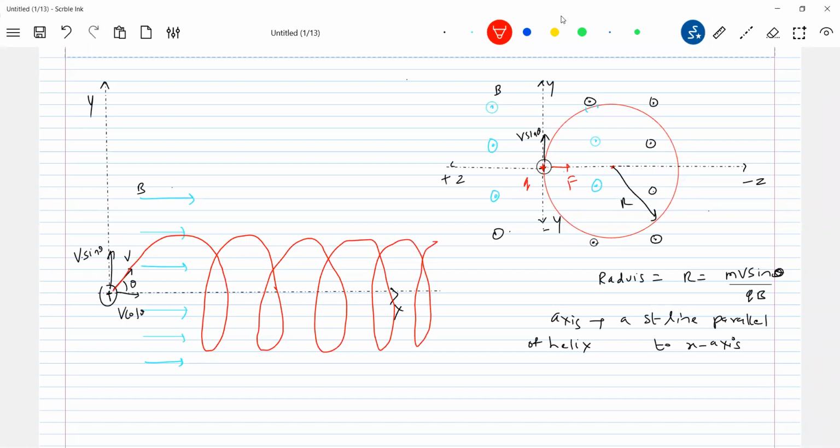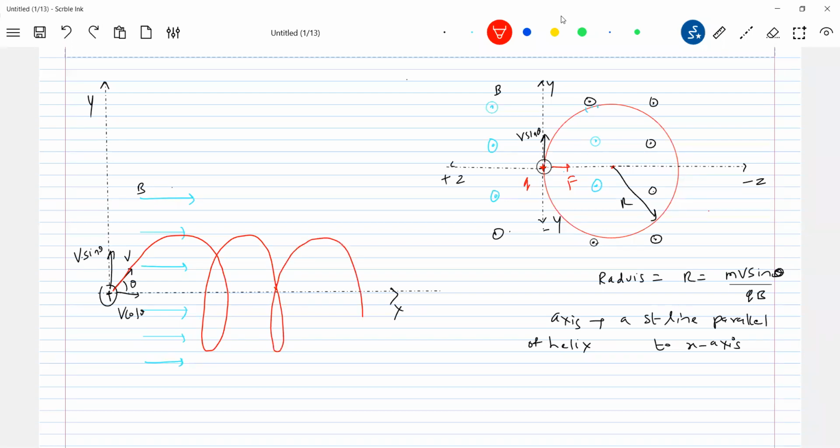The pitch distance will be the same. So this will be the helical path. I'll call this the pitch.